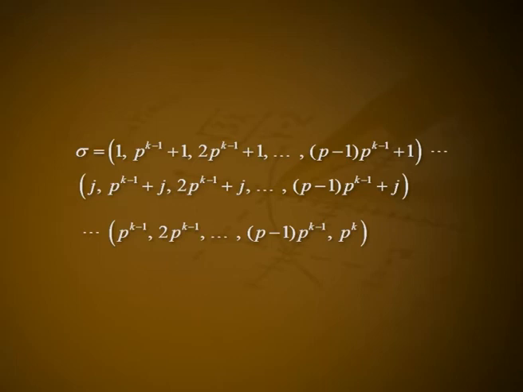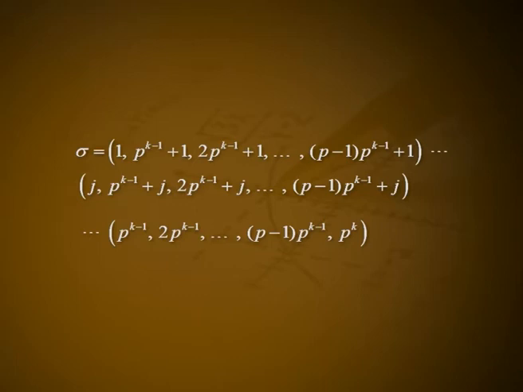Set consisting of 1, 2, etc., p^(k-1), set consisting of p^(k-1) plus 1, p^(k-1) plus 2, etc., 2 into p^(k-1), etc., set consisting of (p-1) into p^(k-1) plus 1, etc., p^k. The permutation sigma is defined as the product of the cycles, cycle (1, p^(k-1) plus 1, 2 p^(k-1) plus 1, etc.